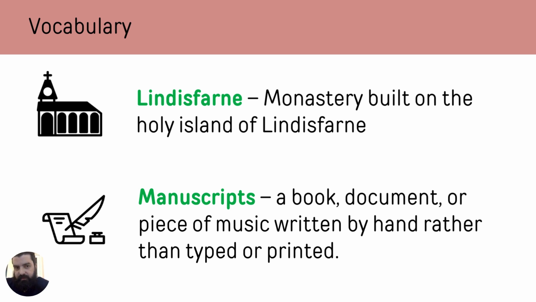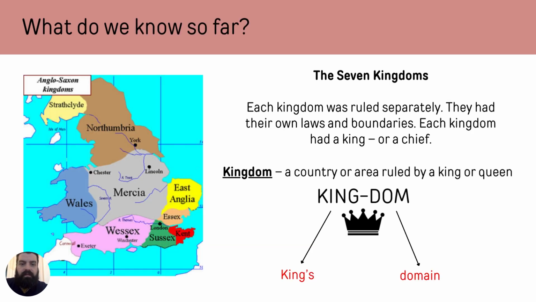This is just an example of a couple of slides from the Anglo-Saxon lesson and how we would do that. So explicitly teaching key vocab, really honing that in and talking about it as we go through. The same with the 7 kingdoms. What do we know about the Anglo-Saxons so far?